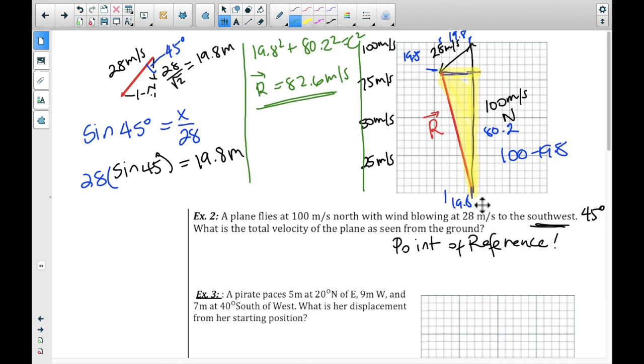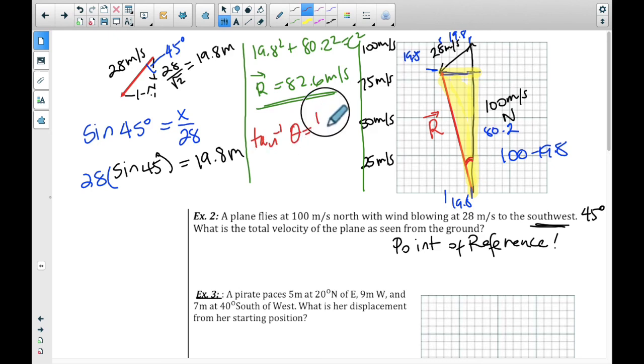I also need to talk about what the angle is. Just like on the previous example, I'm going to stick with this angle here, and I can say it's west of north. For that angle, I can do any of my operations. I might stick with tangent. I don't know why, I'm just going to stick with tangent. So I'm going to say inverse tangent of theta is opposite over adjacent.